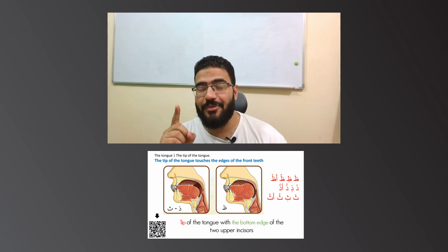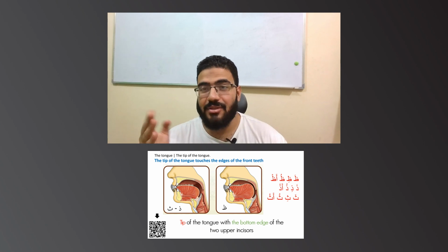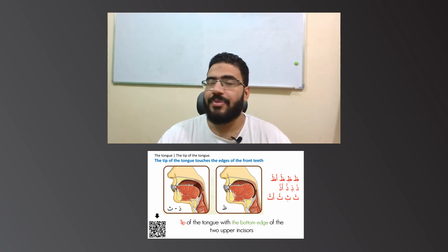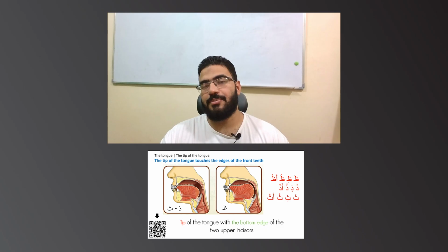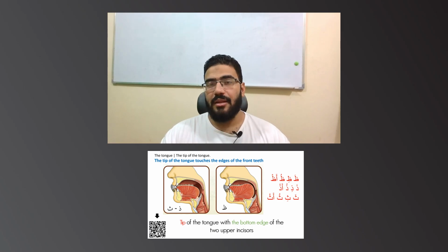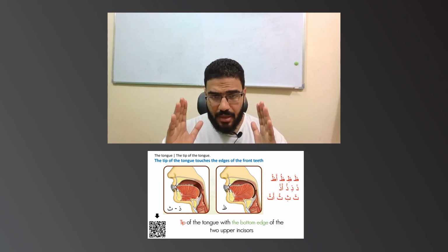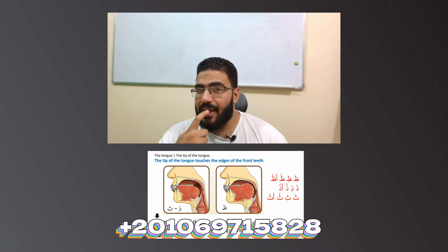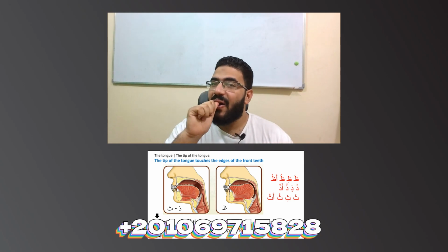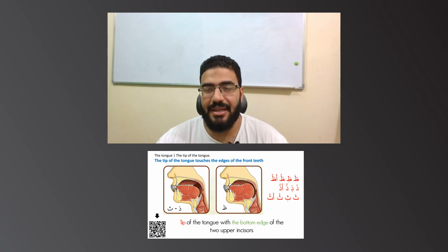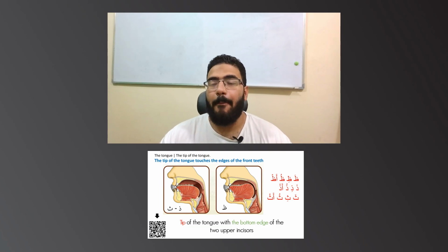So if you put the tip of the tongue out, you don't pronounce it right. I don't know about English, but in Arabic the tip is with the edge of the teeth. If you put too much out, that will be wrong.